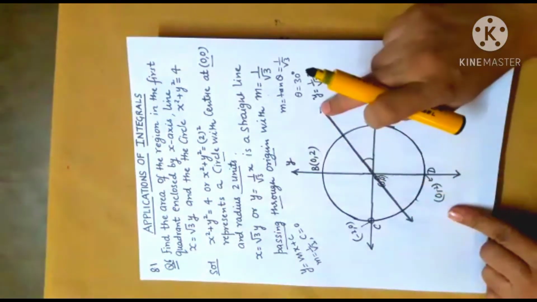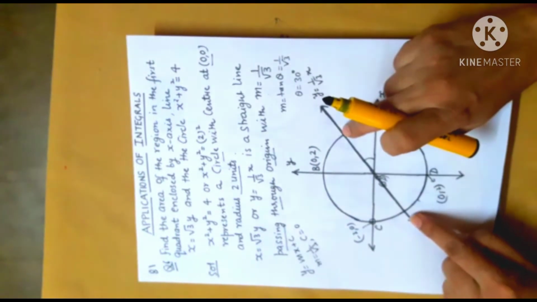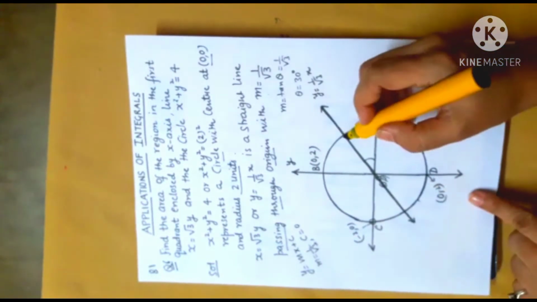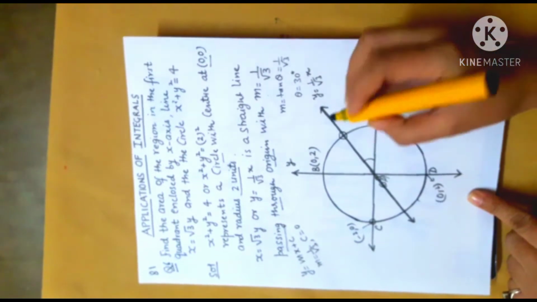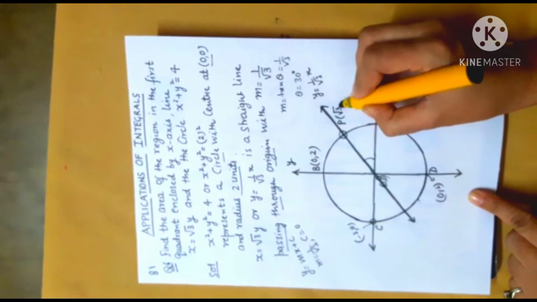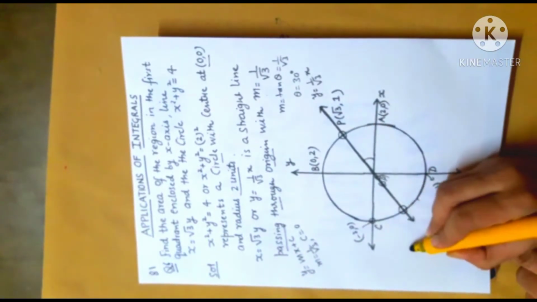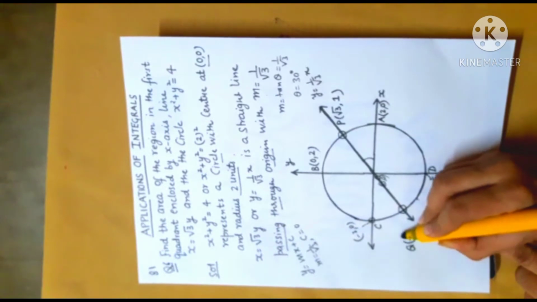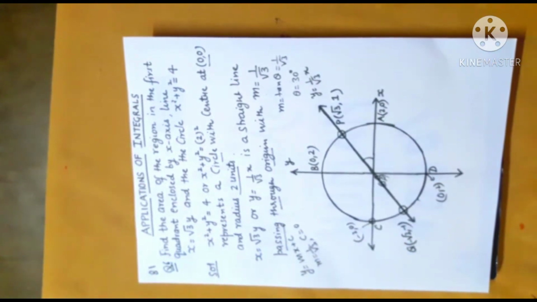And you can see from the figure, line is intersecting the circle at 2 points. Right? Now, this point is in the first quadrant. So its coordinates will be root 3 comma 1, and this lies in the third quadrant. So its coordinates will be minus root 3 comma minus 1. Right? Because these were the 2 points which we had obtained.